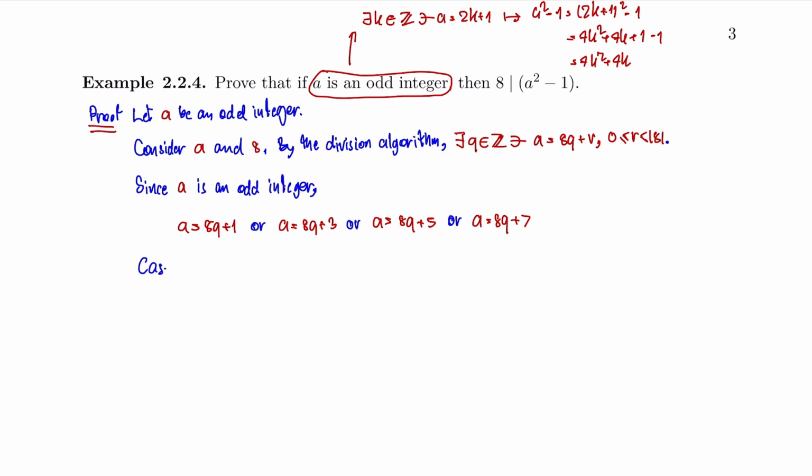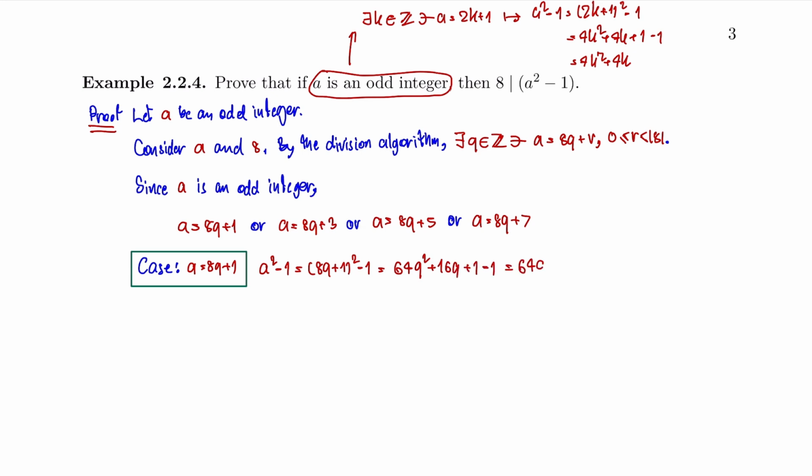We start with the first case, the case where a equals 8q plus 1. Let's write a squared minus 1. A squared minus 1 turns out to be (8q plus 1) squared minus 1, which is 64q squared plus 16q plus 1 minus 1, which is 64q squared plus 16q, and factorizing 8, it turns out to be 8 times (8q squared plus 2q).